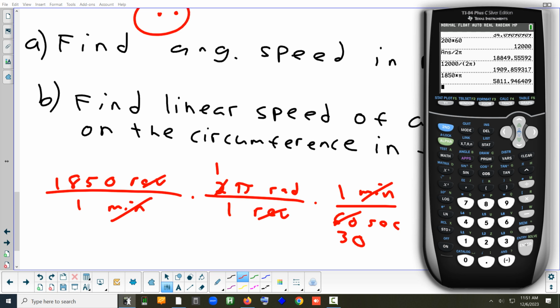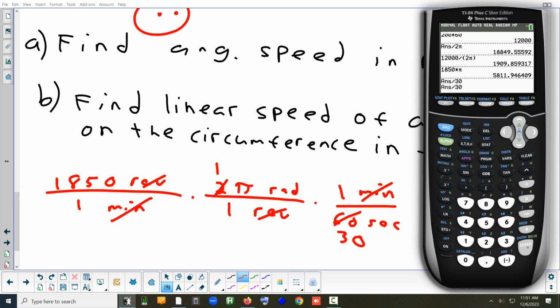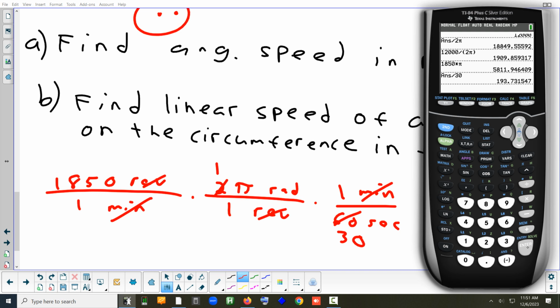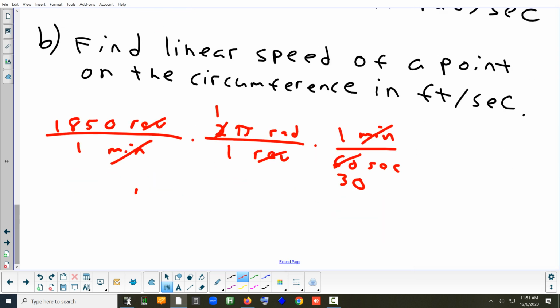Then I can avoid that issue if there were 2 things in the denominator of having to put parentheses. So there's your numerator. And then I just do divide by 30. So it's 193.73. And what's my unit on that one? Radians per second.